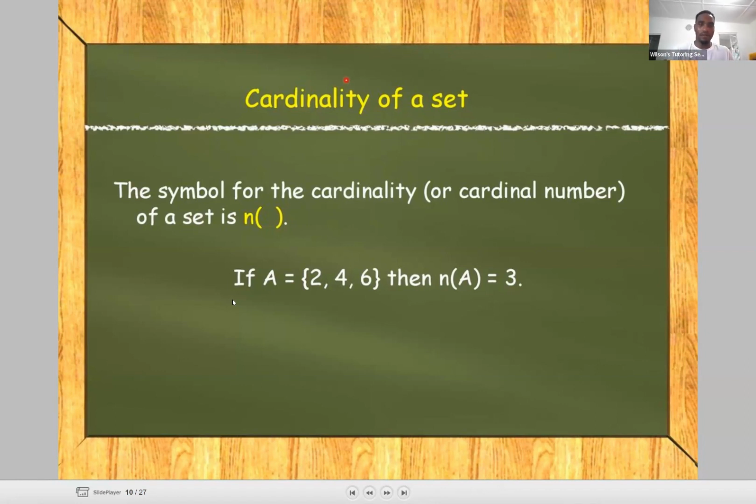So that is the symbol for cardinality, and it shows it below. If set A is equal to 2, 4, and 6, then the cardinality of set A is 3, because as you can see, 3 elements or members are in that set.